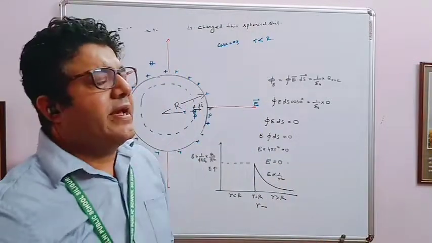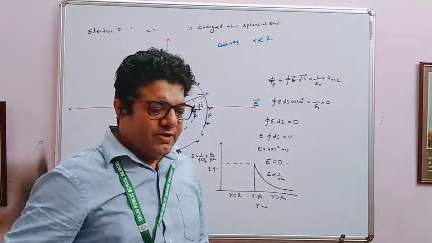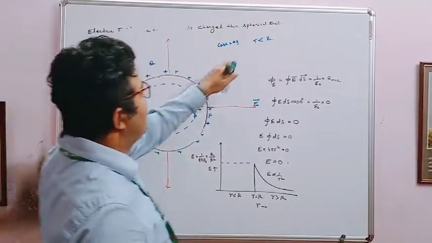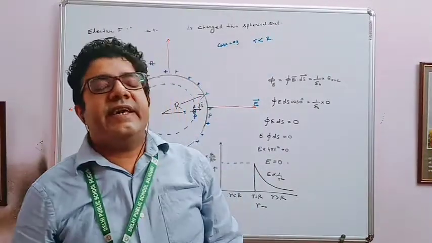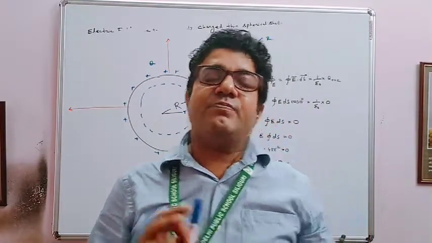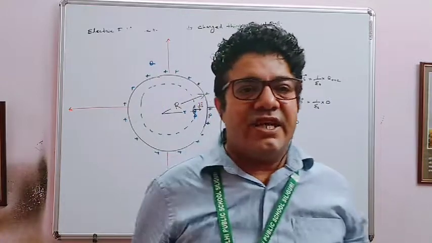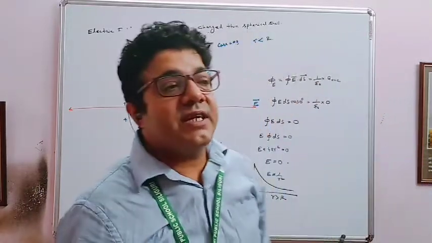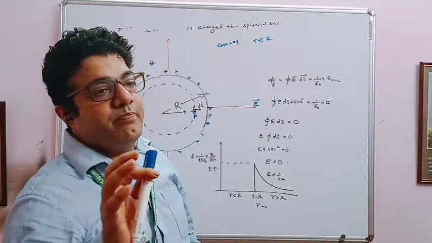But sometimes in entrance exams, or sometimes in board exams also, in objective type questions, in place of a spherical shell they can use a metallic sphere. Remember, they can use a metallic sphere, because spherical shell is in your syllabus, sphere is not, but the examiner can use it.